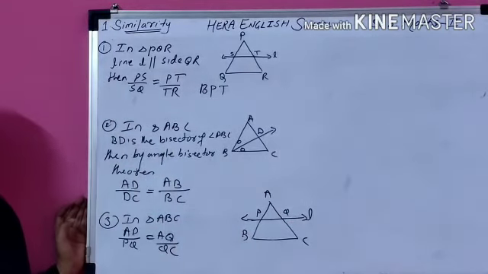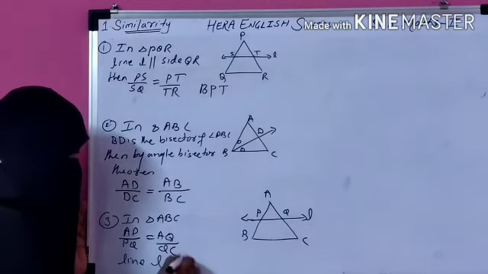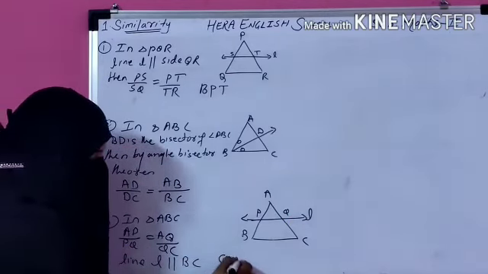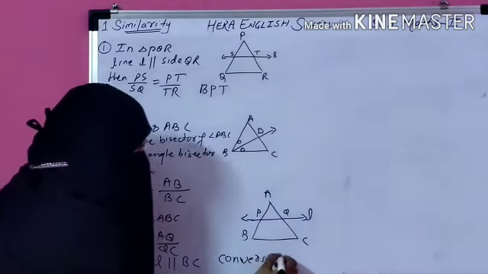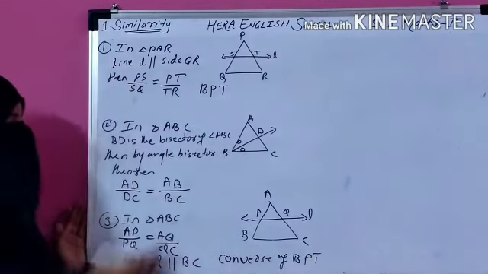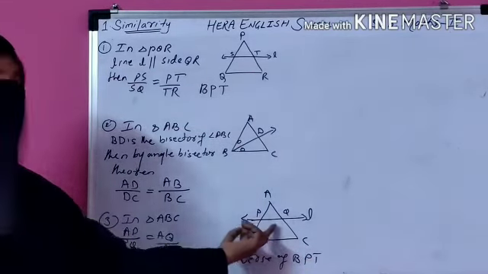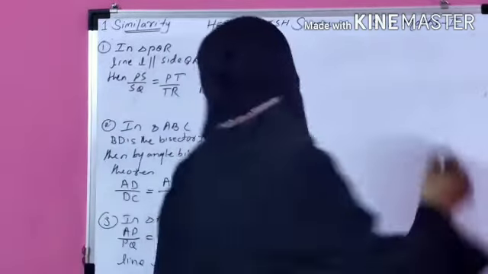That is your converse of BPT theorem. That means line L is parallel to BC by the converse of BPT. To apply the converse BPT theorem, the ratios of two sides are equal, then the line is parallel.